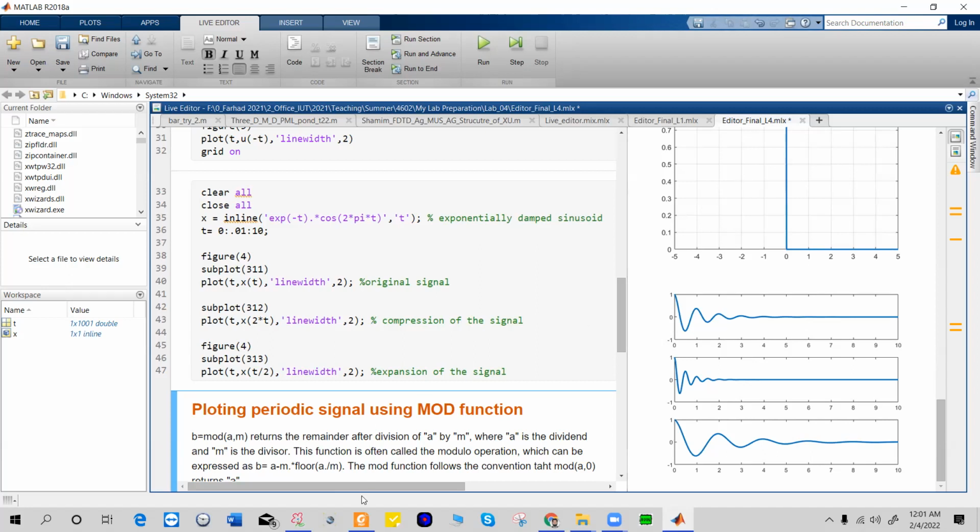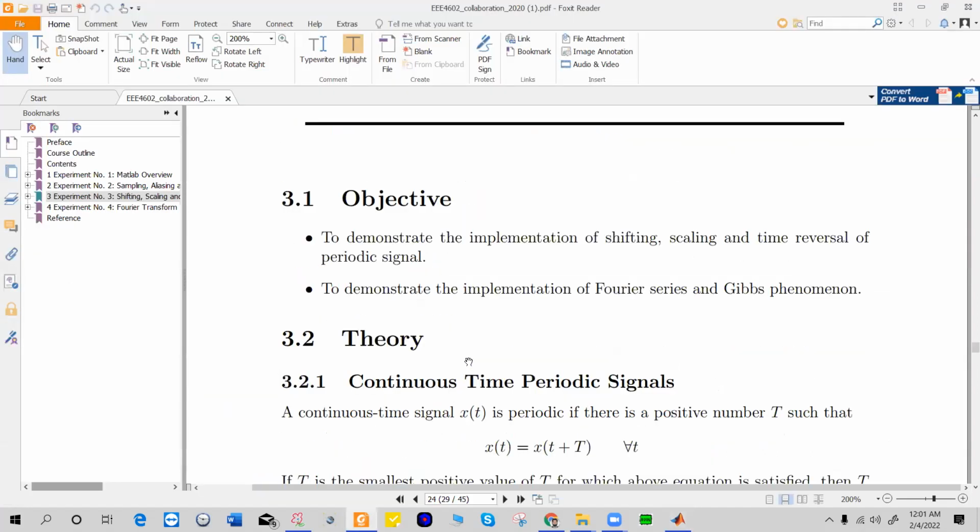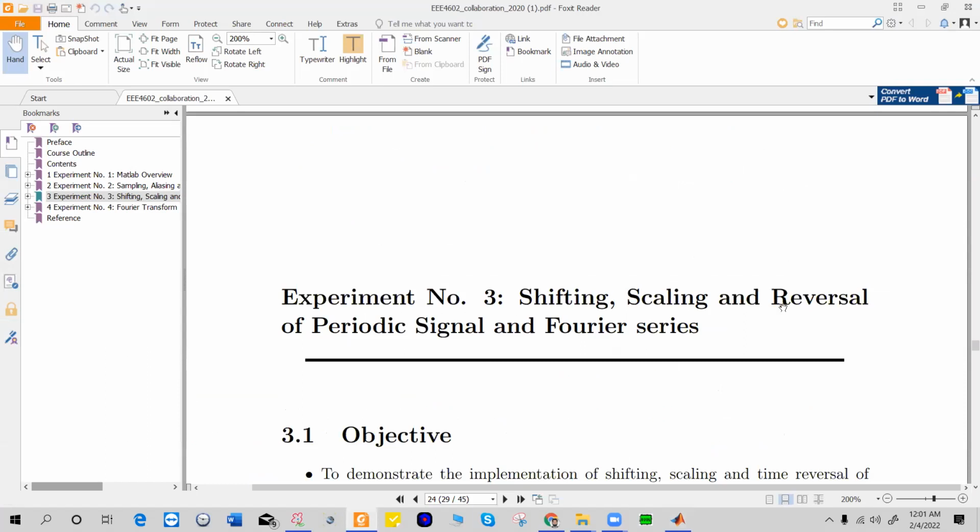So the first part of today's lab is done: shifting, scaling, reversal. And then we are supposed to demonstrate the Fourier series. That is, we will verify the concept using coding. Okay, so I will move to that. I just want to show something.